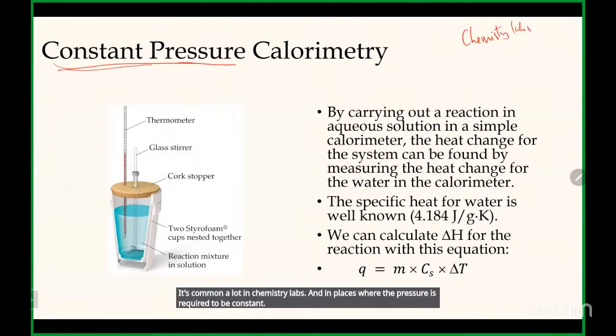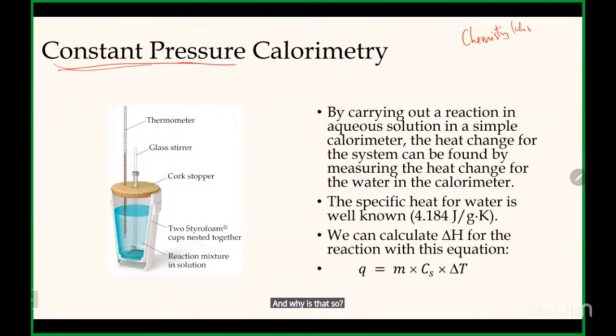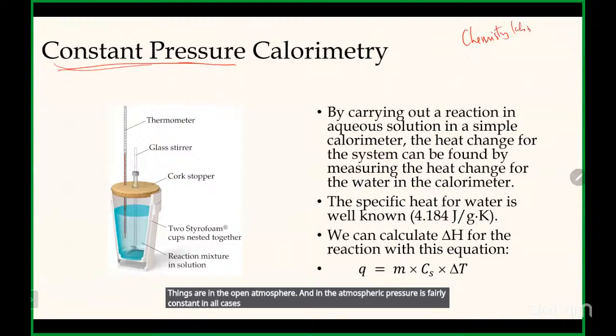And why is that so? If you look at nature around us, things are in the open atmosphere, and the atmospheric pressure is fairly constant in most cases. Whether you are cooking in your kitchen, the atmospheric pressure is often constant.